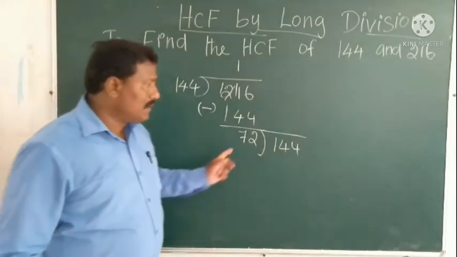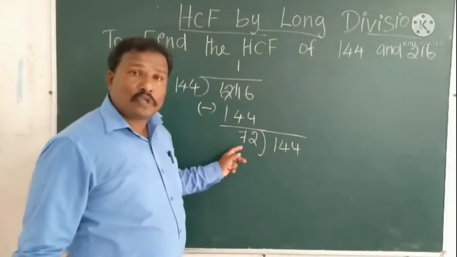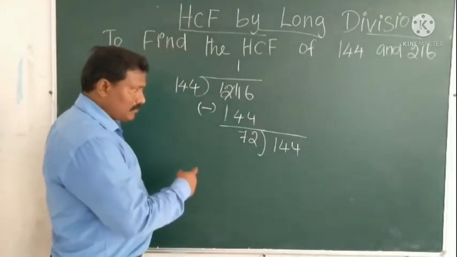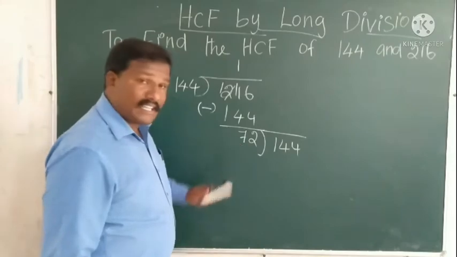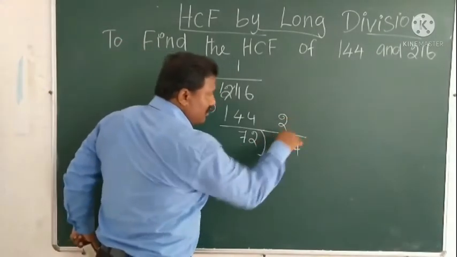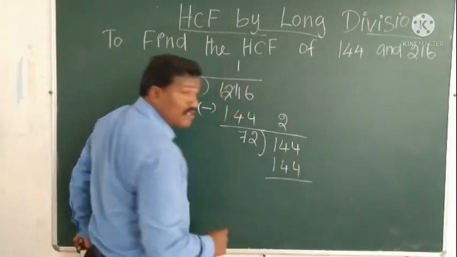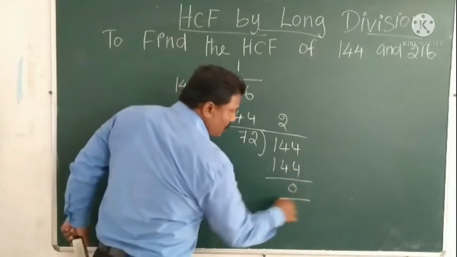Okay. Now let me divide. How many 72s are there in 144? 2 times. 2 72s are 144. If you subtract this, you get 0.